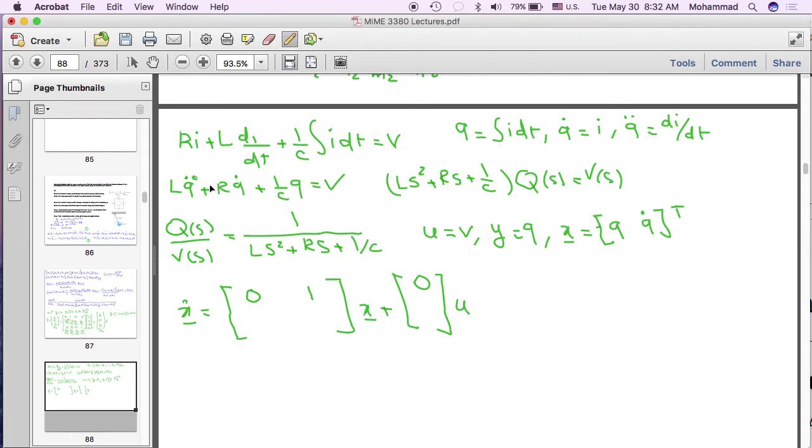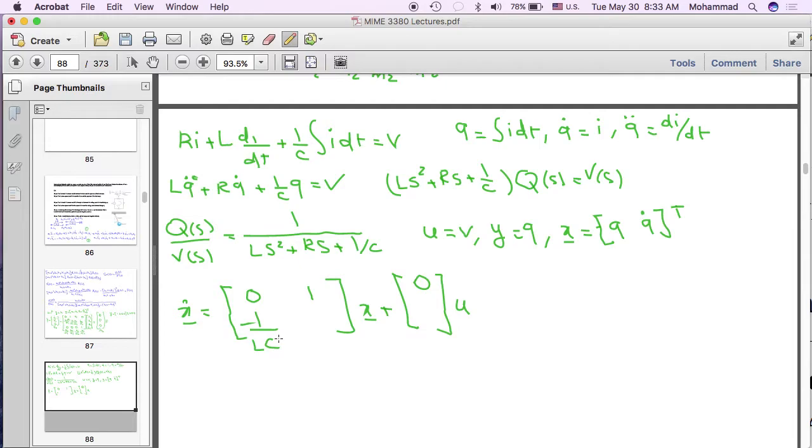Now what is Q double dot, which is the second member of X dot, equal to? We didn't write it in that form, but if you take the Q dot term and the Q term to the other side, you can see Q double dot is a function of Q dot, Q, and V, which is the input. So what is multiplied by Q, which is X1? Remember, it has to be on the other side. So it's not 1 over C, it's negative 1 over C, and it has to also be divided by L. So it is going to be negative 1 over LC.